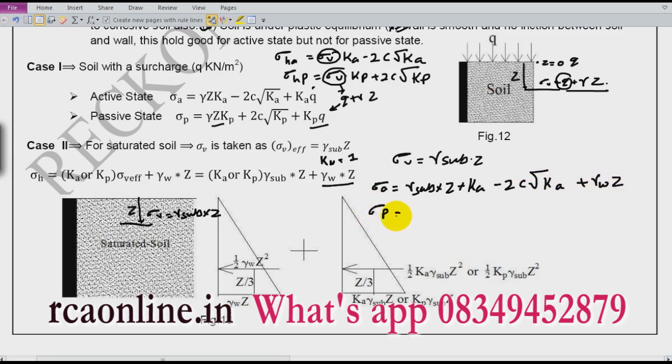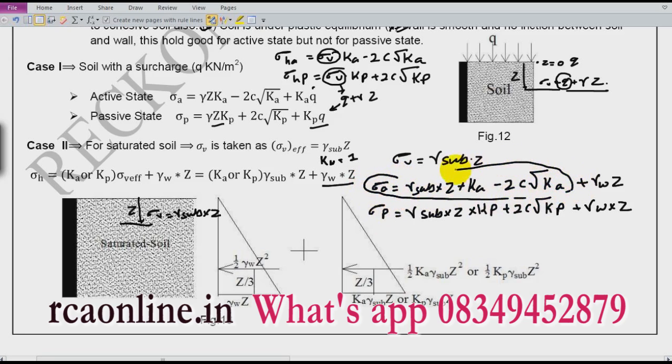Similarly, for sigma P, it will be gamma submerged into z into Kp plus 2c root of Kp plus gamma W into z. Is it okay? Which I have shown in the graph in this way. So what happens? Due to this factor, I will be having this graph, and for this I will be having this.